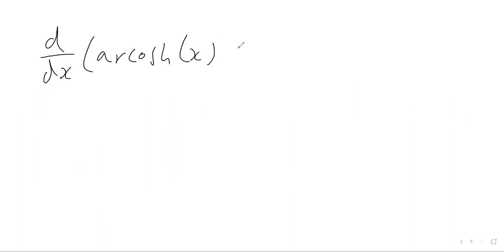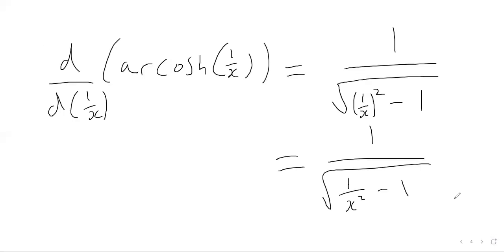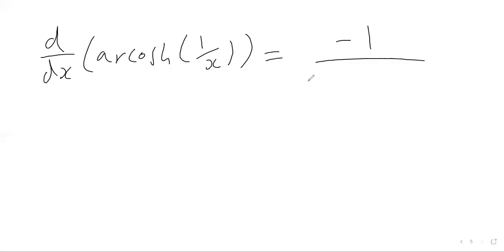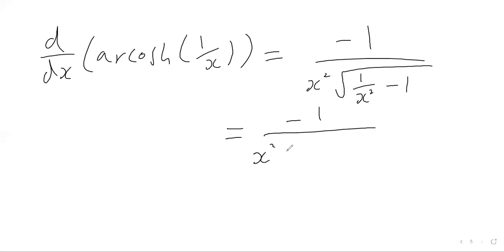Okay, then, so what we now know is that when we differentiate the arcosh of 1 over x function, we get negative 1 over x squared times the square root of 1 over x squared minus 1. We can just factor out a 1 over x squared from inside that square root on the bottom.